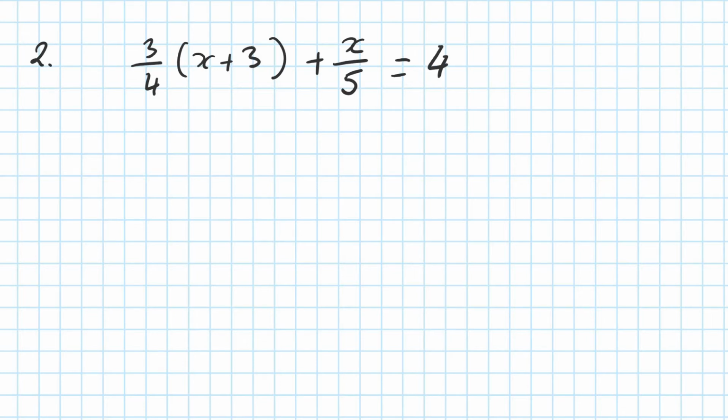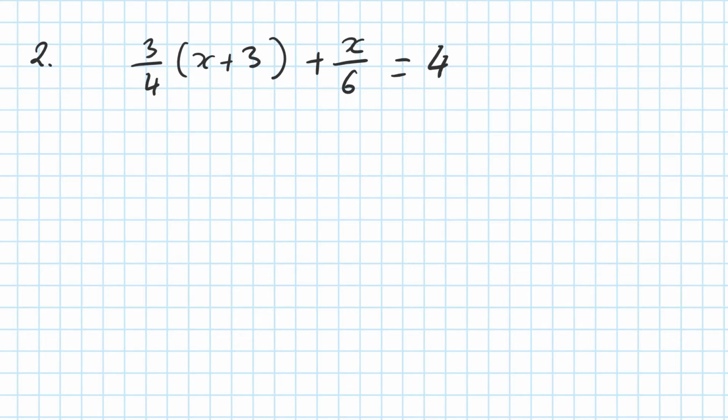Now, number 2. So, 3/4 of x plus 3, add x over 6 is equal to 4. Now, let's make it over 6. A bit trickier, so you don't have to think about cross multiply all the time.